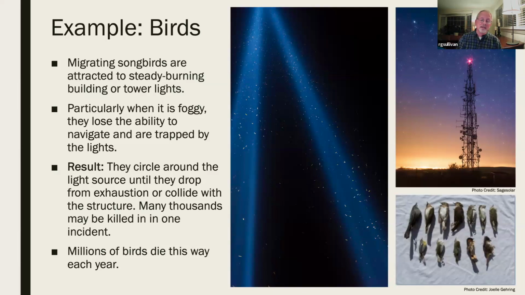So I just want to talk a little bit about this picture at the left, the two lights going up through the sky. That is a 9/11 memorial in New York City. And when they turned this on, they realized quickly that thousands and thousands of migrating birds were immediately attracted to these lights. So in this photo, you are not looking at insects, you're looking at birds.